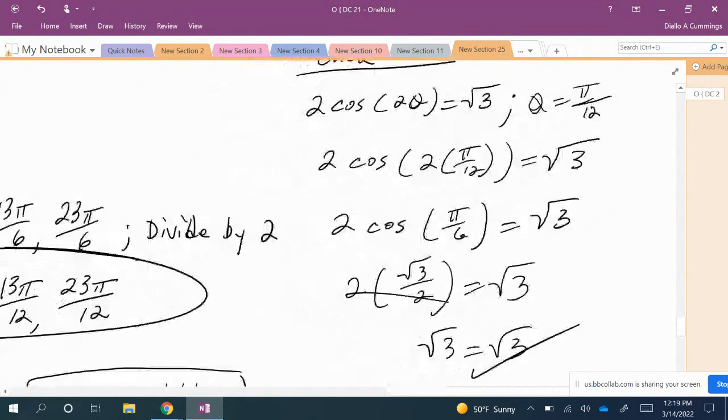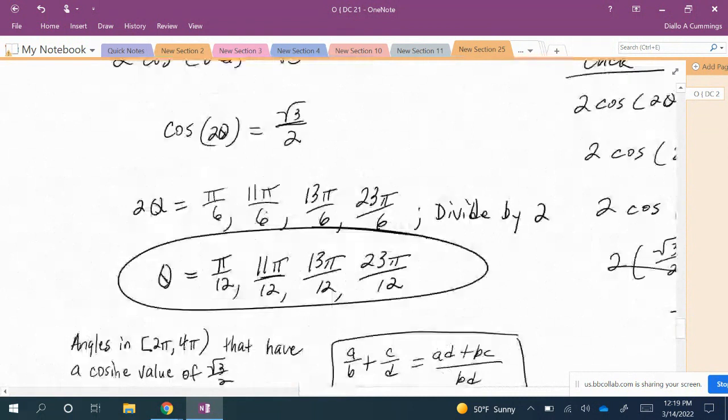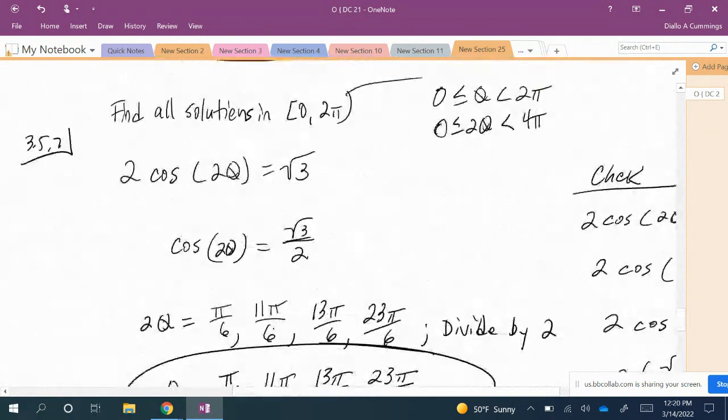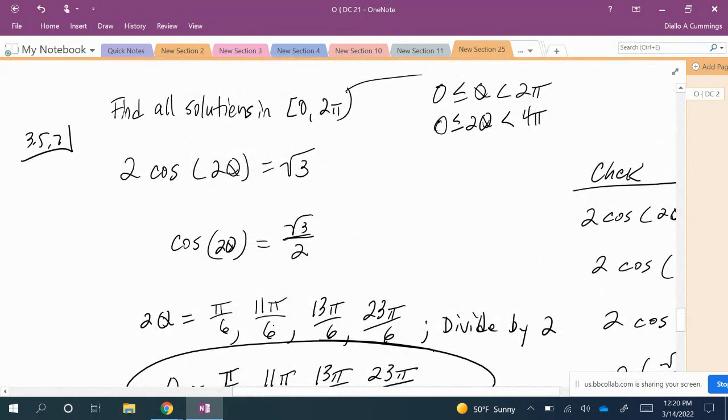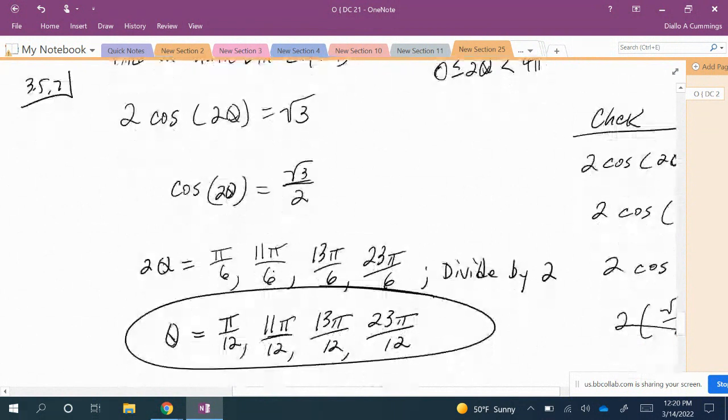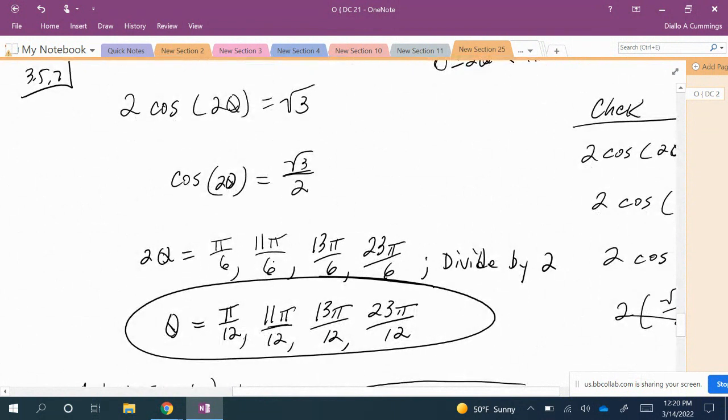Okay, so just to review this problem, it was a linear trigonometric equation. So we isolated for the cosine of 2 theta. We then found all of the angle measures from 0 to 2 pi that had a cosine, or an x coordinate, of square root of 3 over 2.